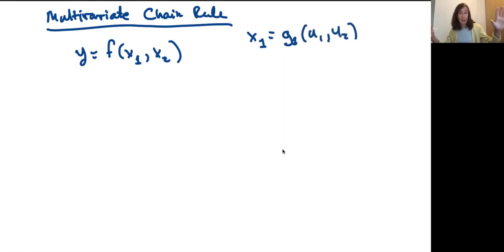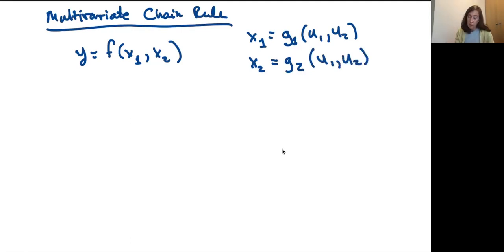So everything's multivariate now. This sounds like social science, right? Everything depends on a bunch of other things that depend on a bunch of other things. And that's why the world is complicated and why we have to work so hard to understand it. So x1 is a function of the two u variables, and I'm going to have x2 be a different function, with subscripts on my functions here, of those same two variables.